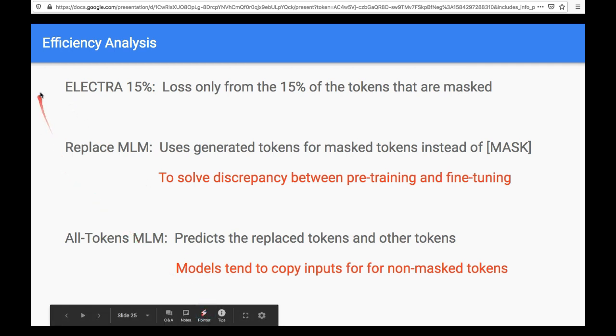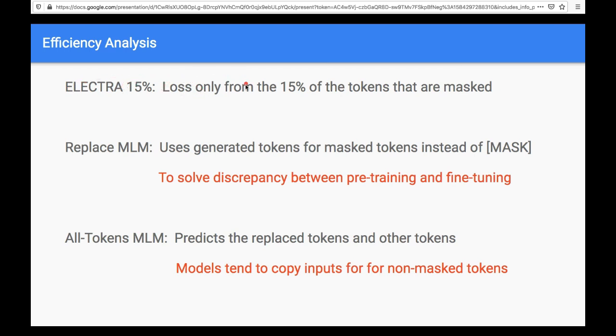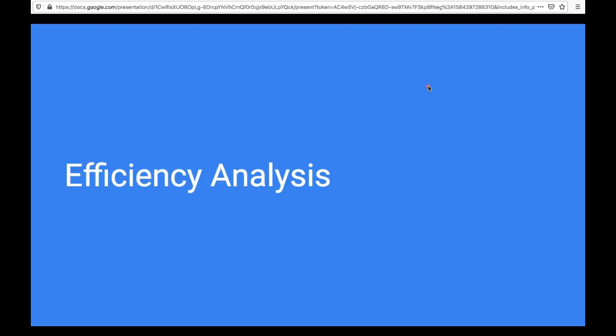This is ELECTRA 15%, which means the loss function only accumulates from the 15% of the tokens that are masked. So if we go back to our original example, which is this one.